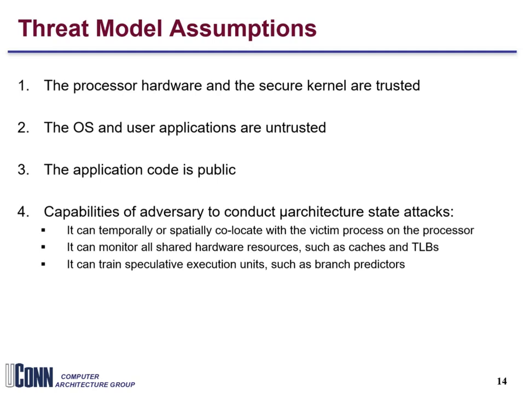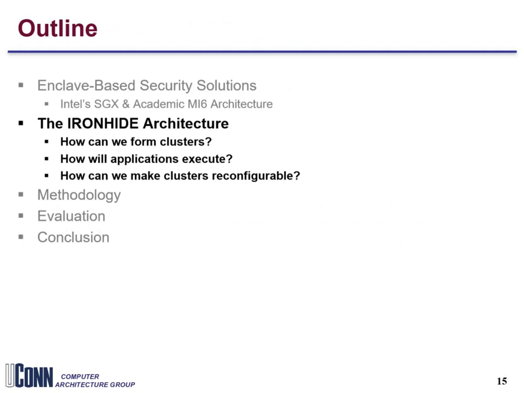It can also monitor the shared hardware resources such as caches and TLBs in terms of timing information. And lastly, it also has the capability to train the speculative execution units such as branch predictors to conduct speculative microarchitecture state attacks.